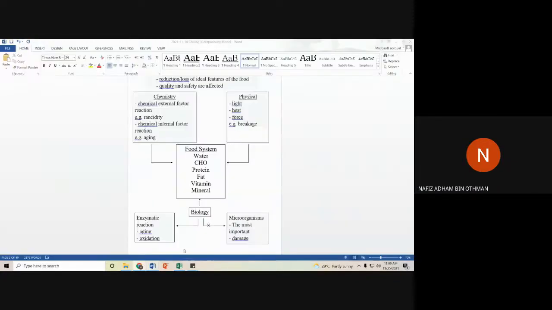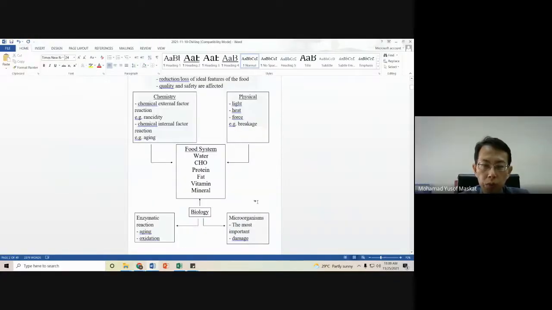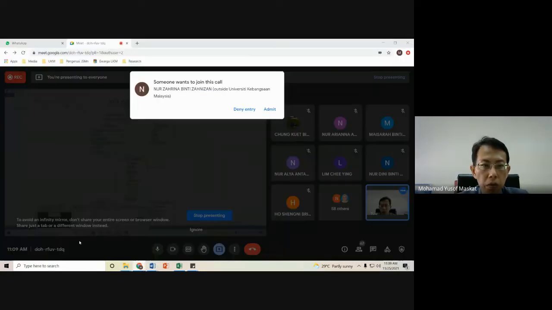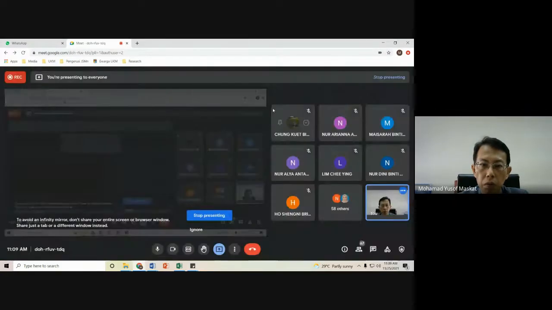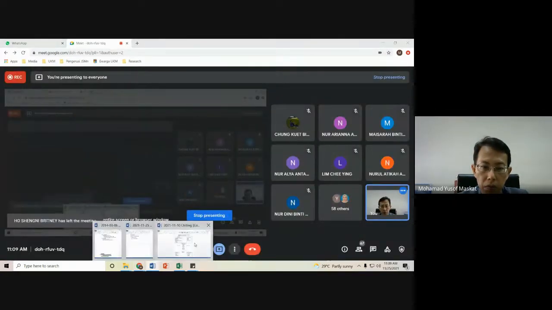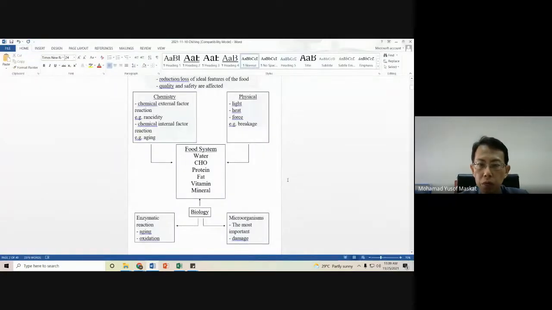Even if you were to have two similar products, for example, two cans of sardines from two different manufacturers, the ingredients and the composition will differ, even though both are cans of sardines.